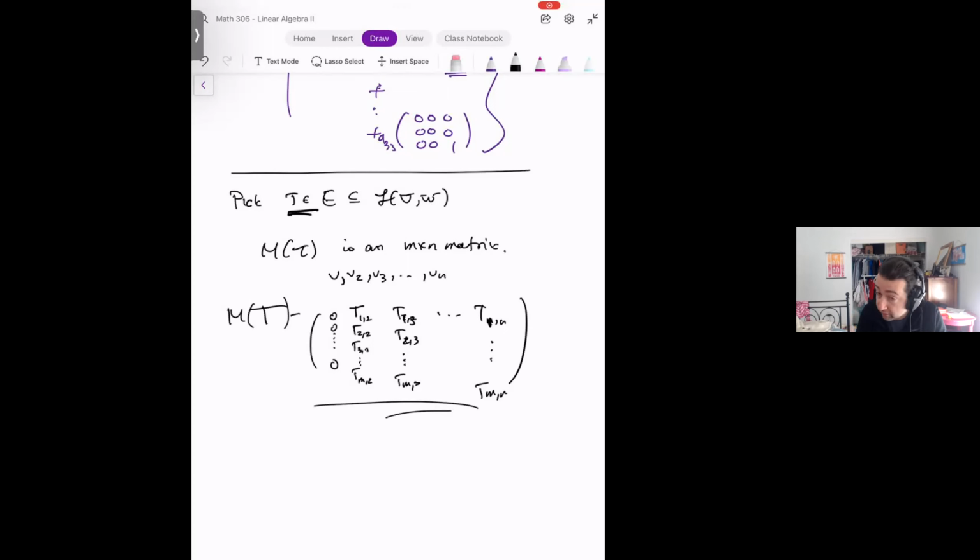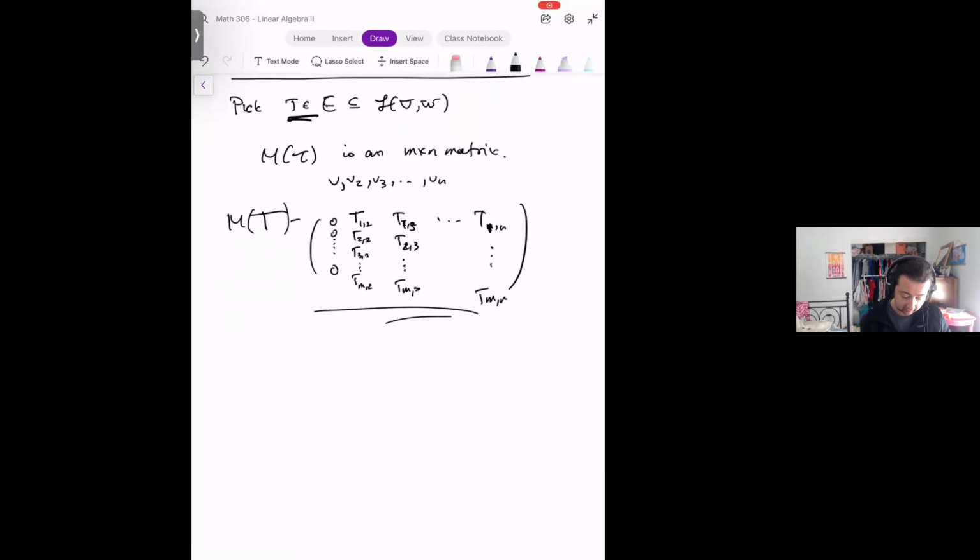But this is an isomorphism, which means every T gives you a matrix that looks like this, but every matrix that looks like this gives you an element T inside that space E, so we can move back and forth from one to the other. If I pick a T, it has a matrix that looks like that, but any matrix I write down that looks like that gives me one of the maps in E. That's what we mean by an isomorphism.